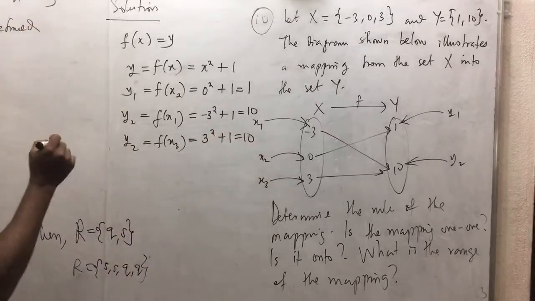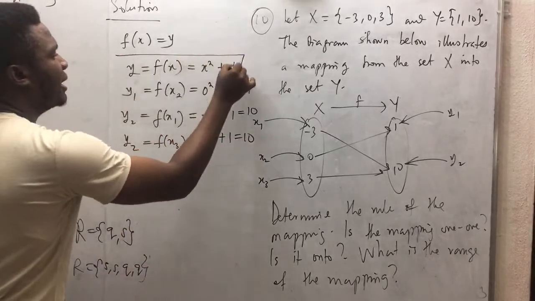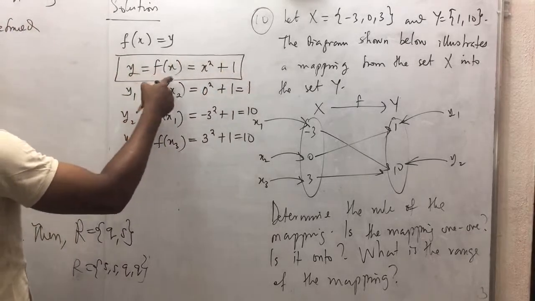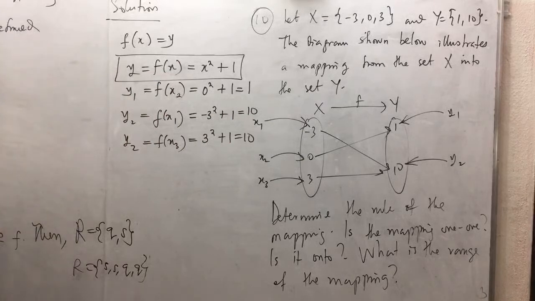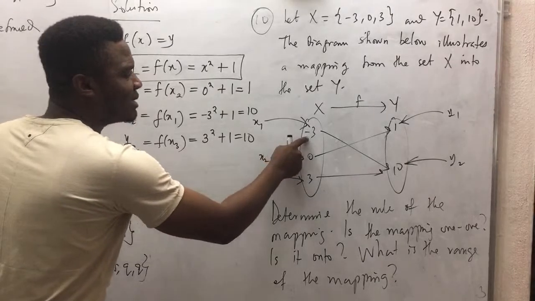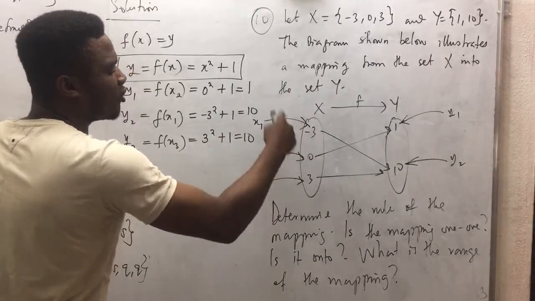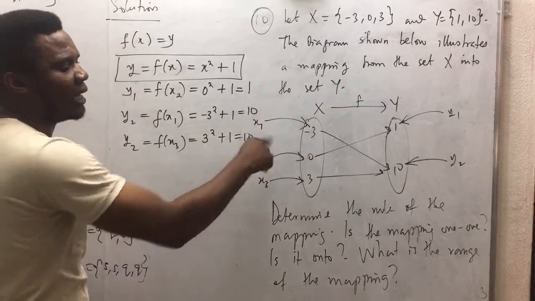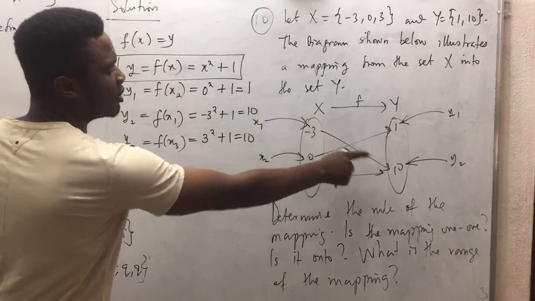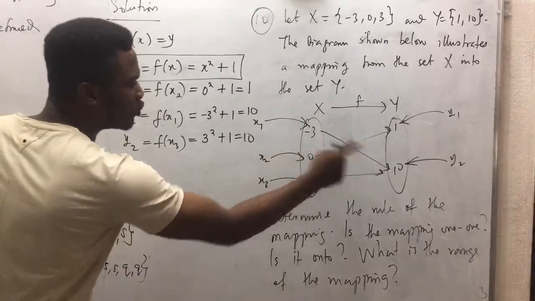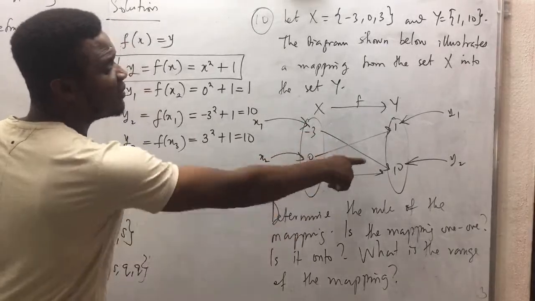So, the rule of this mapping is that for you to get an element in the codomain, you have to square any element in the domain and add 1 to your result. That's the reason why minus 3 squared plus 1 is giving you 10, and 3 squared, which is 9, plus 1, is giving you 10.